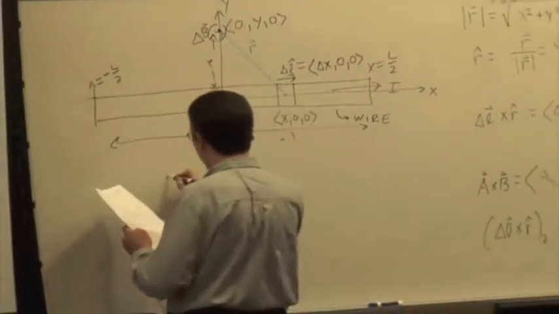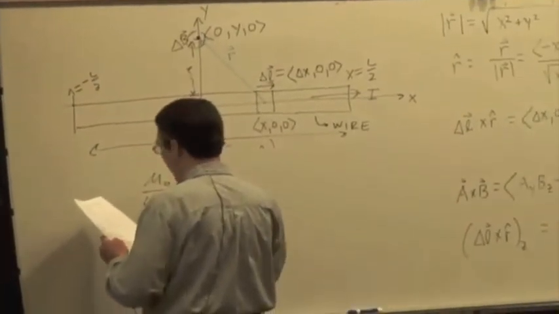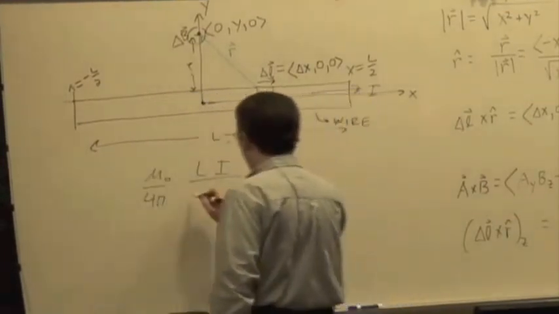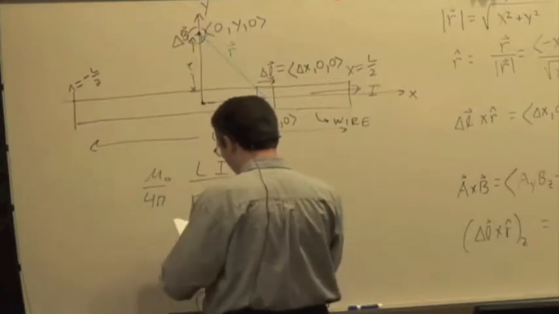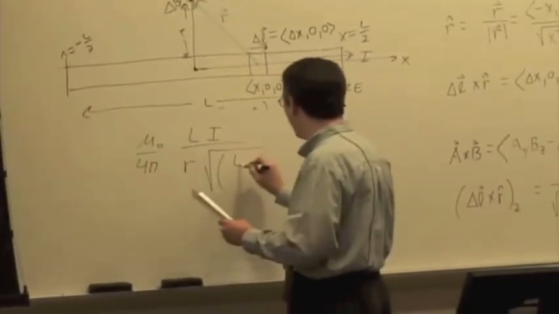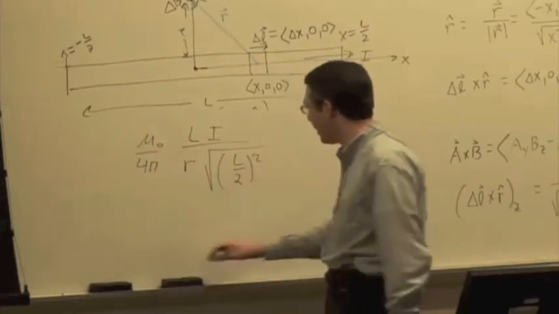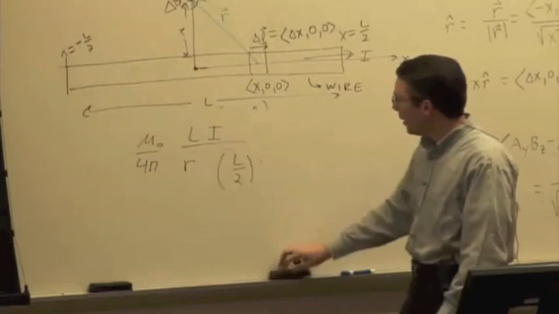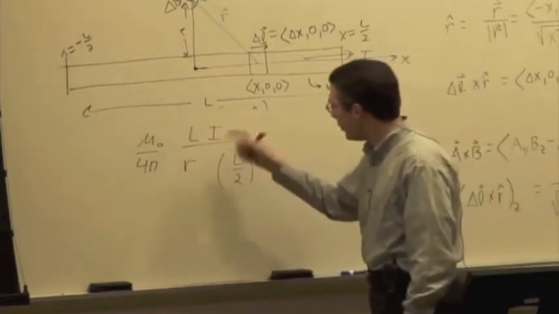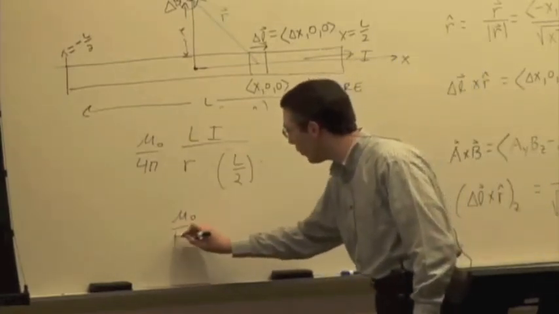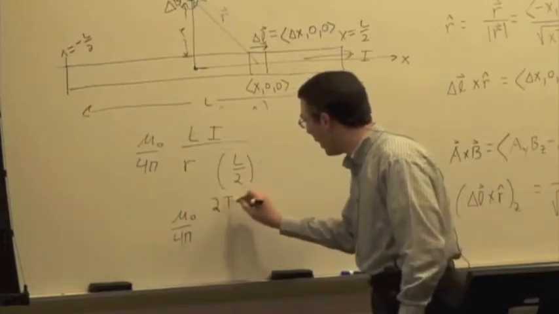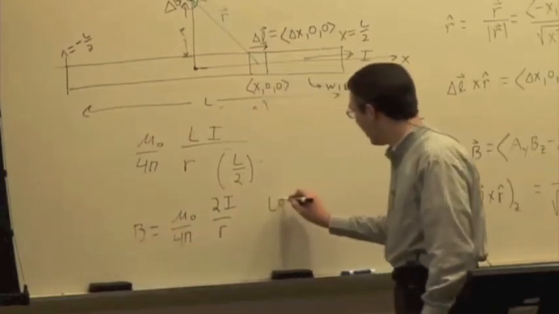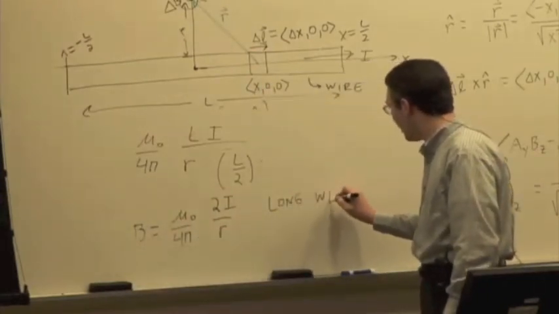You have mu naught over 4 pi, L times I, and then you have R times the square root of L over 2 squared, which just becomes L over 2. And then the L cancels out, and the 2 goes upstairs, and so we have mu naught over 4 pi, 2I over R, is the magnetic field for a long straight wire.